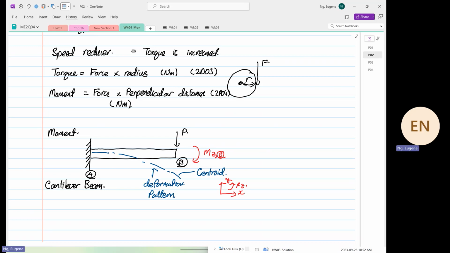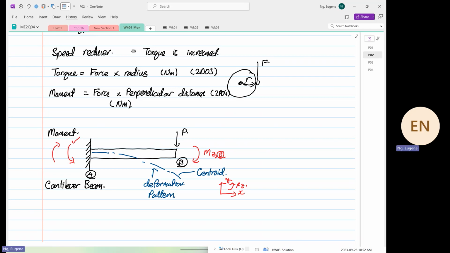At point A, the rotation will be going clockwise or anti-clockwise. Those of you who are not sure, don't worry. Is it going this way or is it going this way? Anyone? Okay, so if you're unsure, it has to be in this direction. Are we clear? Why this direction? Based on which law? Newton's.